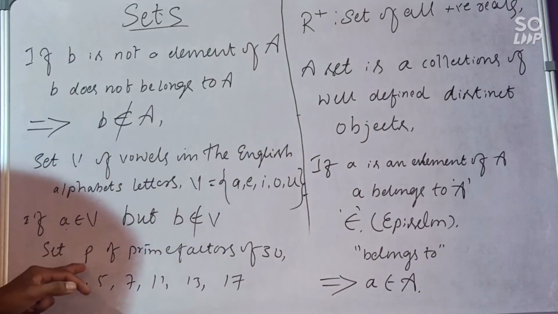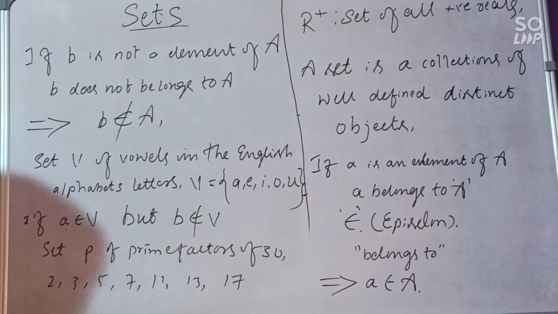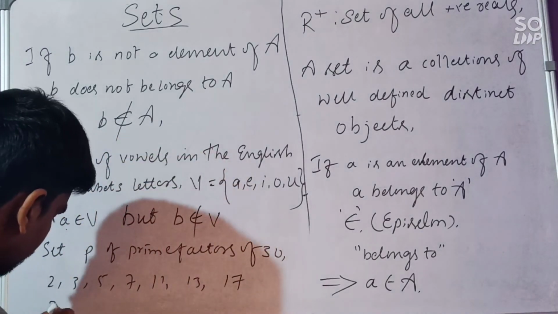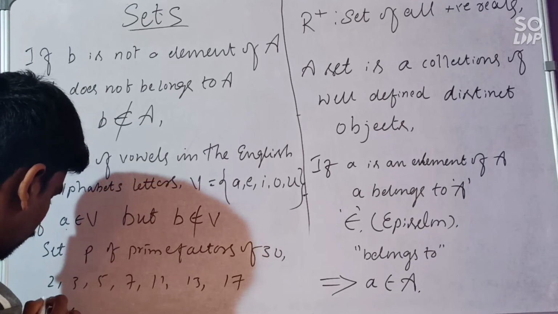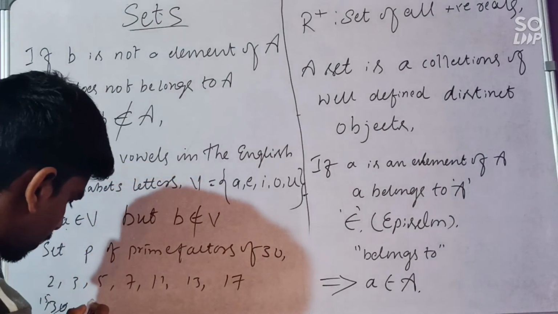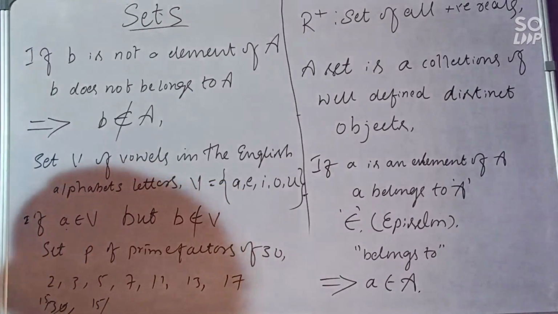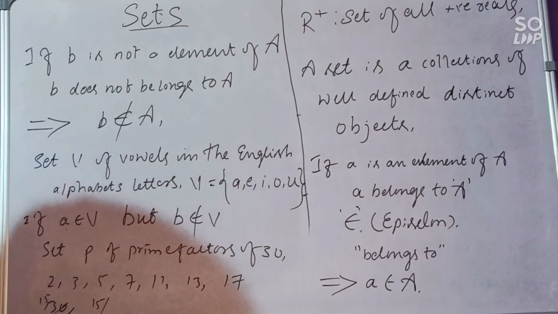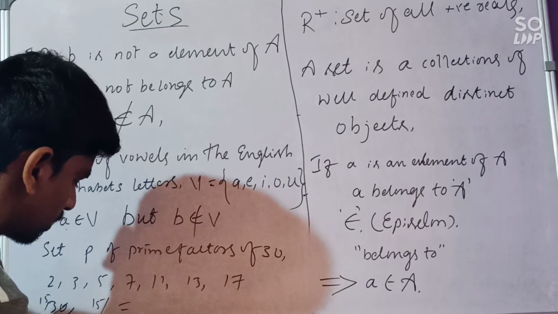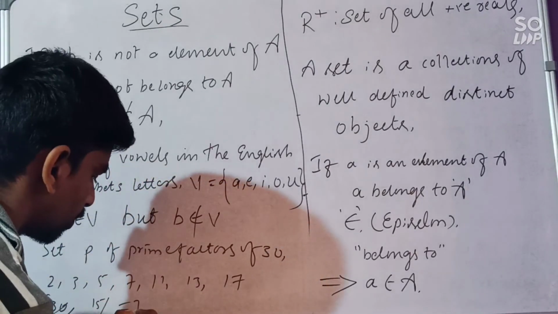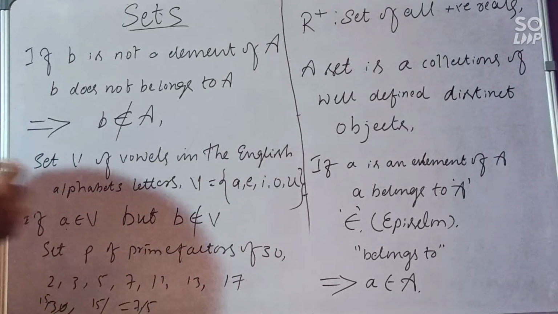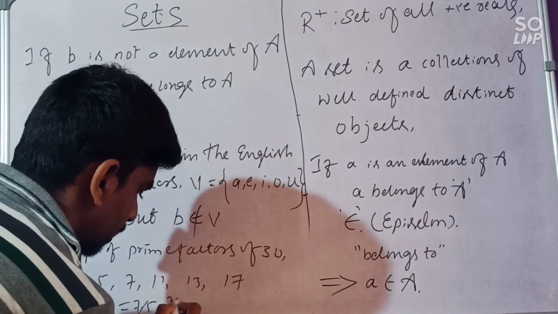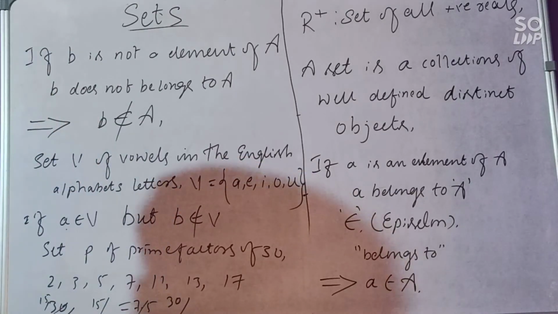But in this set P, the prime factors of 30 only. Now find it. 30 divided by 2 is 15. 2 does not divide 15, but it also divides it giving 7.5. 7.5 is not a prime factor.